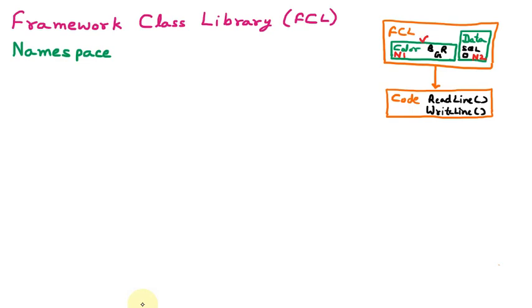All the classes related to database connectivity are given the namespace data. So as per the diagram we have two namespaces, the color namespace and the data namespace, which combinedly contain the classes, and the combination of namespaces is called the Framework Class Library. You can assume that for understanding.